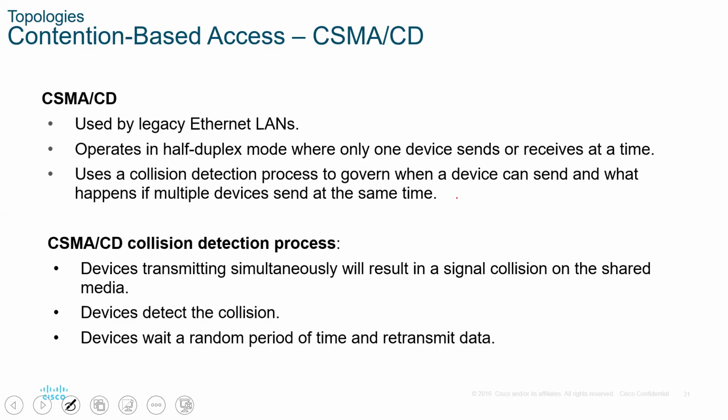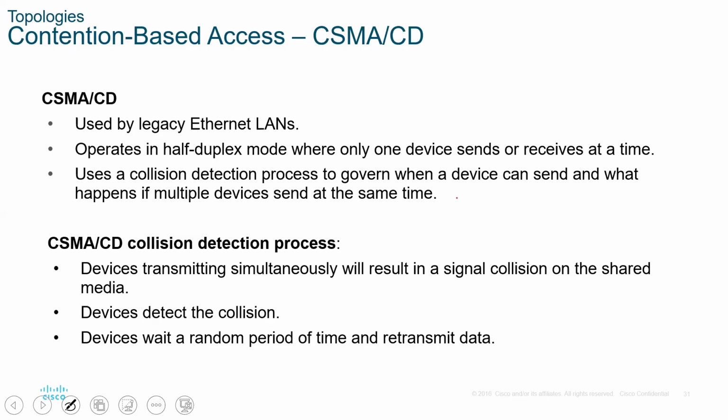It is used by legacy Ethernet LANs and operates in half duplex mode where only one device sends or receives at a time, and uses a collision detection process to govern when a device can send, and what happens when there is a collision. So it's a technology that helps the devices not to collide amongst themselves.